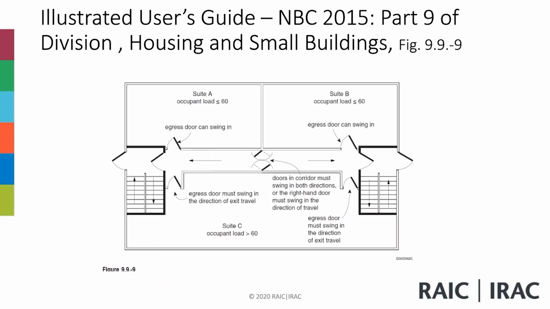This is from the illustrated guide, figure 9.9.9. This is when you're exiting. This is the swinging of the egress door, and this is why it's important to know the occupant load of different areas. In suite A, the occupant load is less than or equal to 60, so your door can swing to the inside of the room. In the second suite, the occupant load is again less than 60, so your egress door can swing inward. Here I've got suite C, which has more than 60 people.